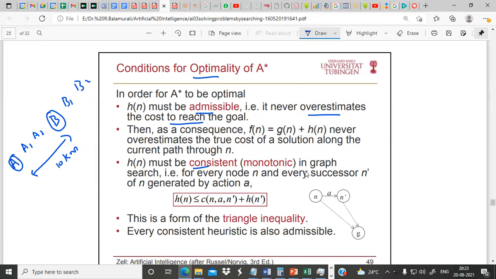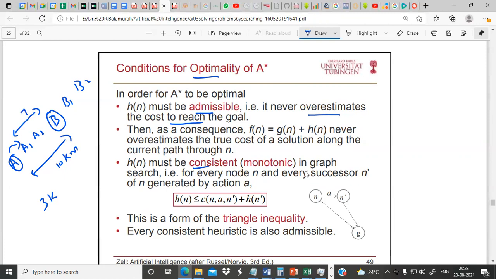Why? The reason is, assume the heuristic function assumes that the cost of reaching the goal state is only 3 kilometers. Then it will travel up to 3 kilometers and check whether this is the goal state or not. It has reached a state A1. No, it's not the goal state. Now the remaining distance is 7. Out of this remaining 7, it should underestimate, not overestimate.